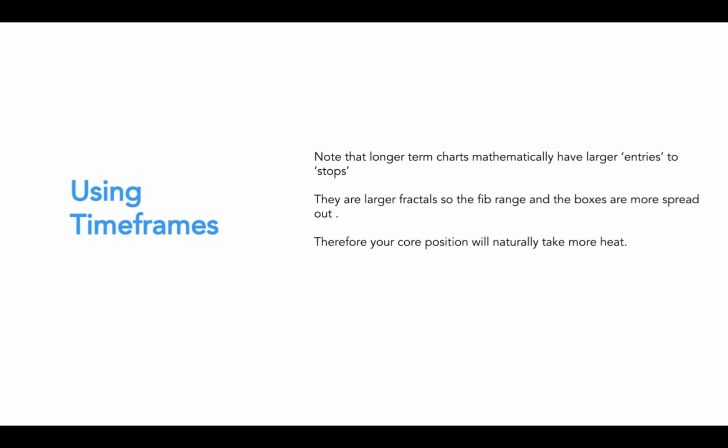So when we were entering long-term positions in the wave 4, they had a lot of heat built in. And I don't think a lot of people internalized that because the board was very frustrated. I knew that, so I was pretty relaxed. But if you're using a larger fib fractal, you're just going to have a lot more heat in the trade. So sometimes you want to make your core smaller, just for comfort level.